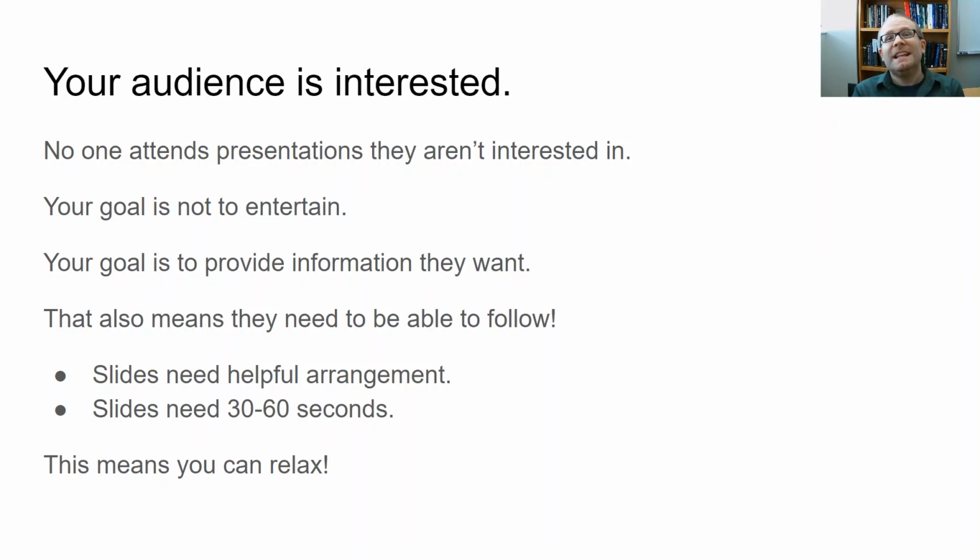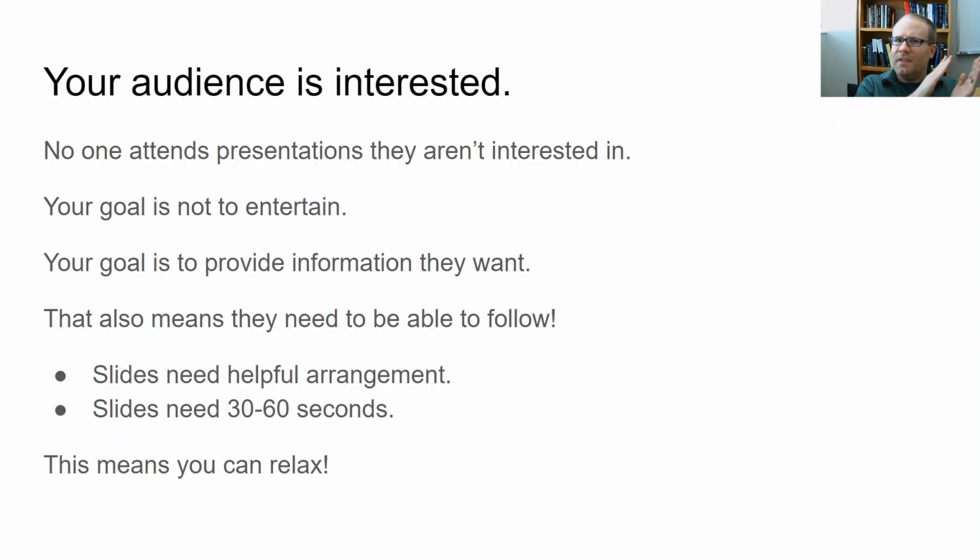That also means that they need to be able to follow your slides. So slides need a helpful arrangement. They need things like main points and subpoints. I am right now on a subpoint of the main point that slides need to be able to be followed. The next subpoint is about how slides need to last for 30 to 60 seconds. 30 to 60 seconds is the average amount of time that people need to spend on a slide.